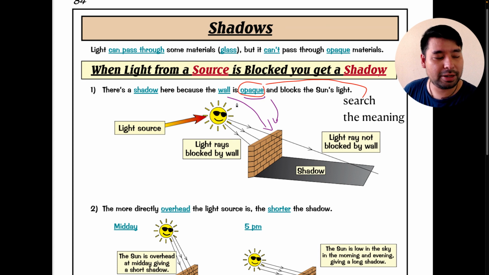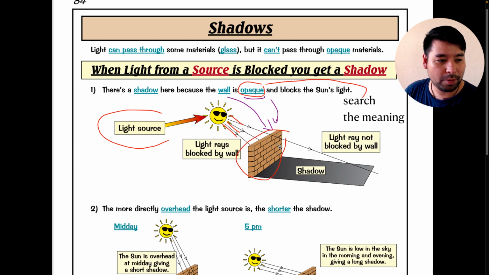Again we have the sun, which is the light source, the thing that produces light. Then we have the light rays blocked by the wall. The rays come out, and then there is a block here, which is this wall, and on the other side we have this shadow.